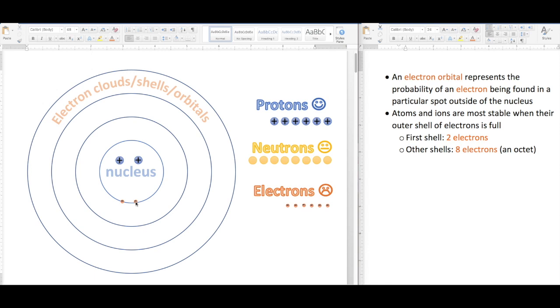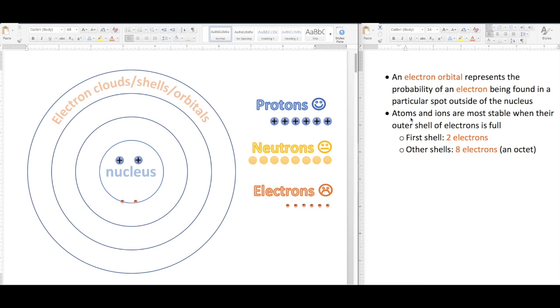They are moving around so quickly in space that we don't know exactly where they are at any given time, but we do know in what space they're most likely to be found. So if you are asked about anything with electron orbitals or orbitals in general, just know to associate orbitals with electrons, and it's the probability of being found versus exactly where an electron is found.